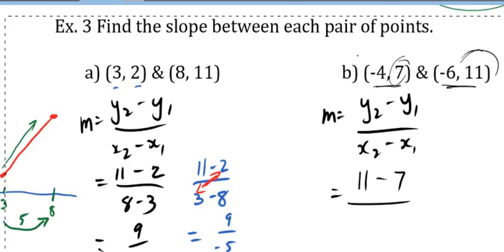Over, I started with 11, so I have to start with negative 6. If you make these mistakes even once, you can have that little conversation with yourself while you're doing it. I started with this point on top, so I start with this point on the bottom. Right? You practice a little bit, get in the habit, and then you got it. And then when I subtract negative 4, I'll put that in brackets because I have two negatives, makes it a little bit clearer.